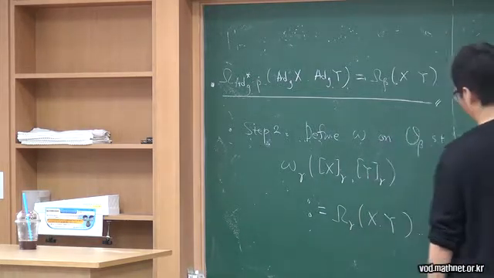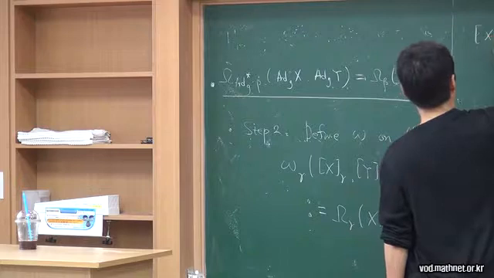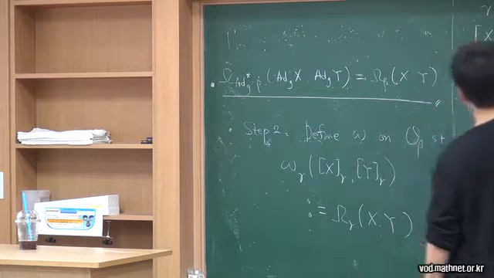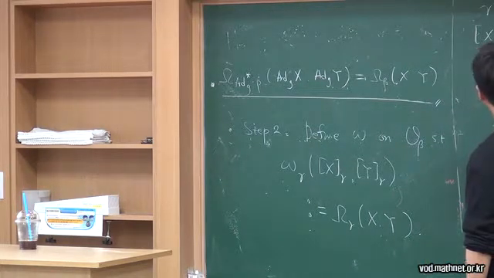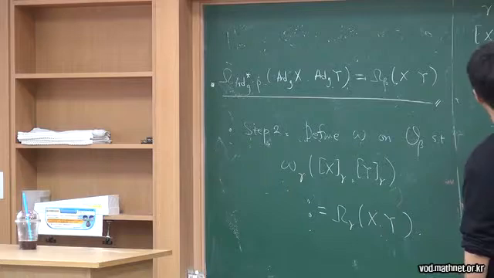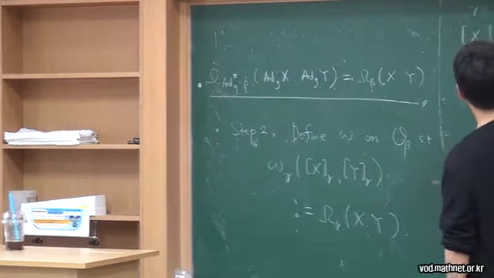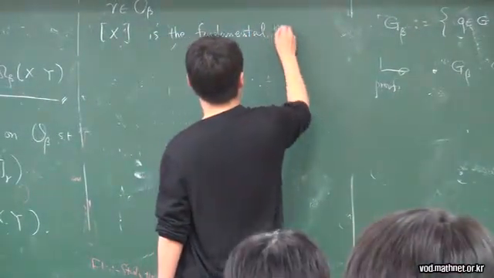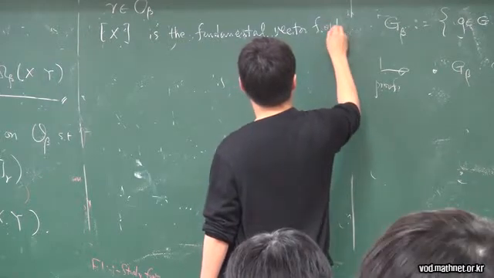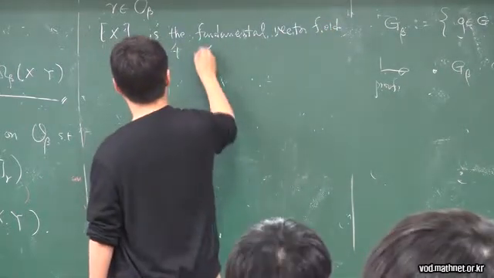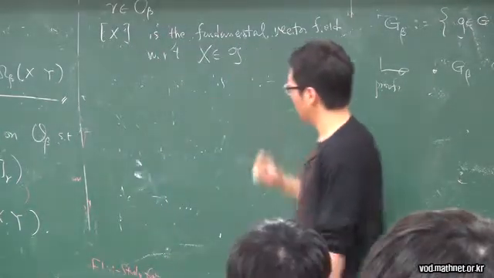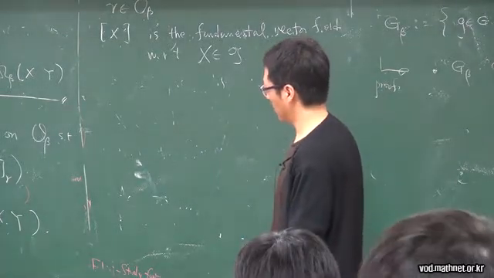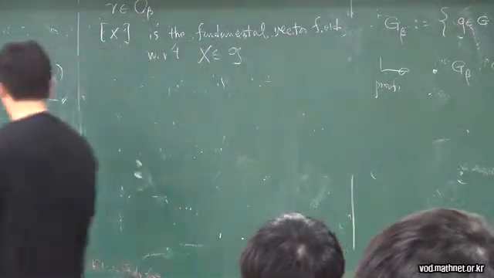First of all, gamma is a point on the orbit of beta, and X gamma is the fundamental vector field with respect to the vector X of the Lie algebra, and X gamma is just a vector at gamma.